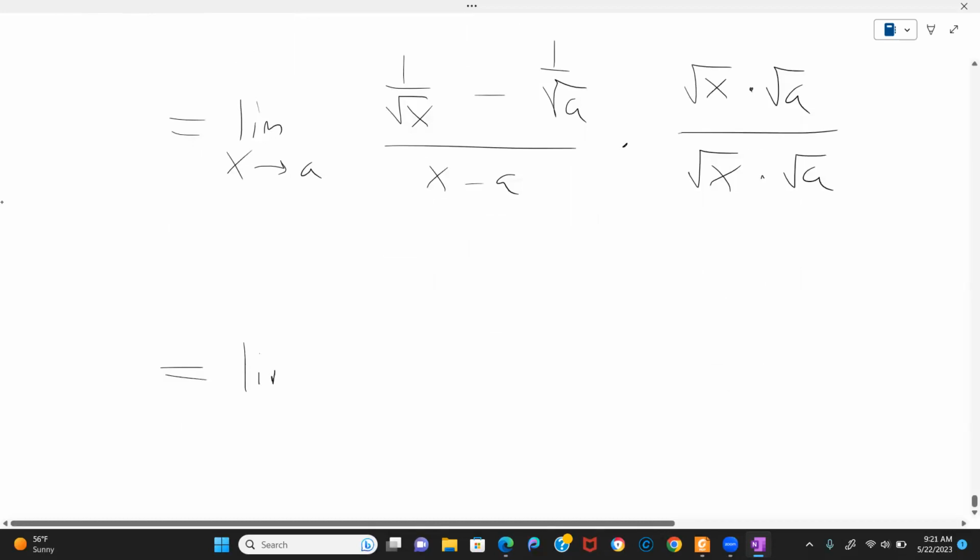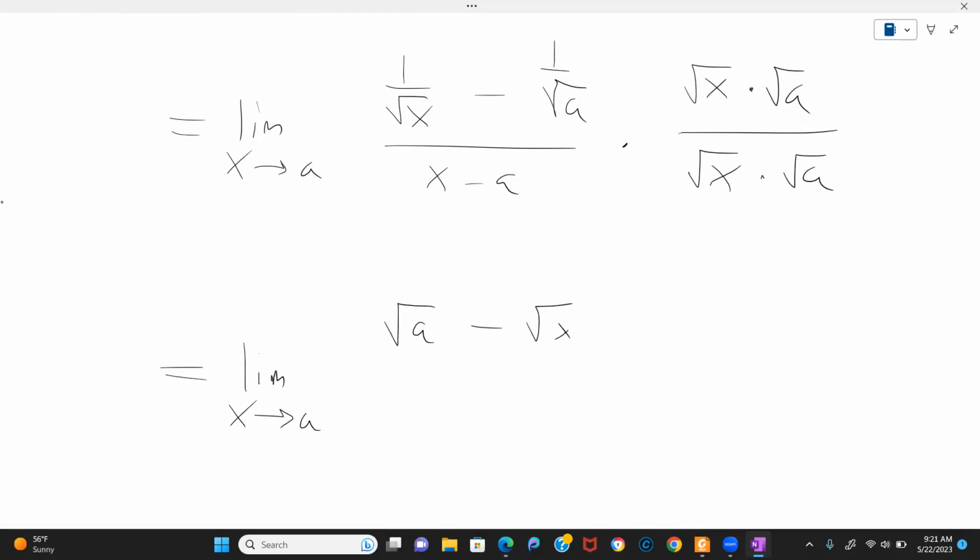Now if we distribute in the numerator, you get square root of a minus square root of x, divided by, when I multiply this through, I combine square root of a and square root of x, so square root of a times x, and then times a minus x.